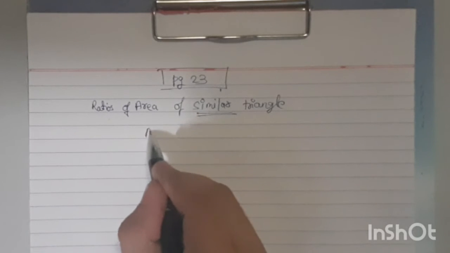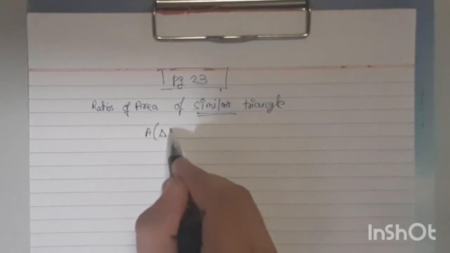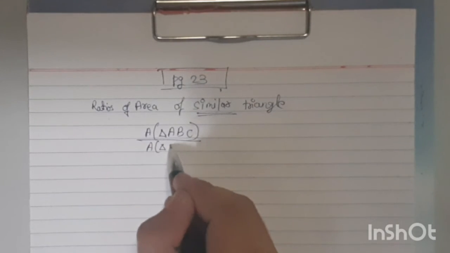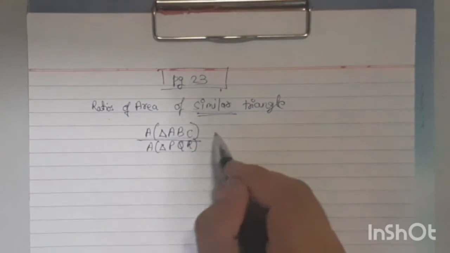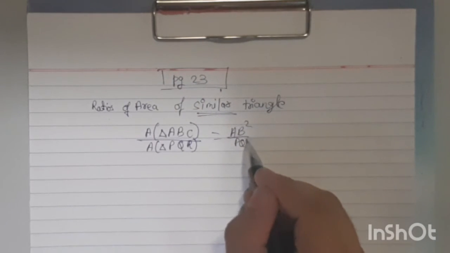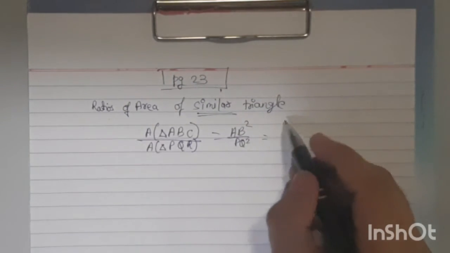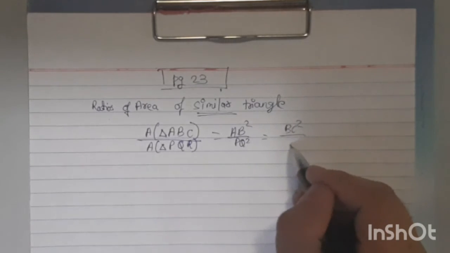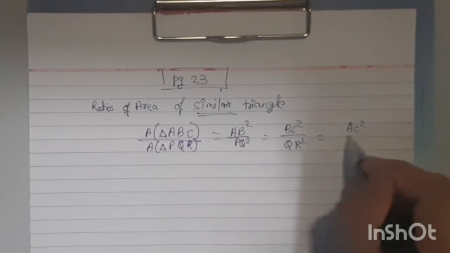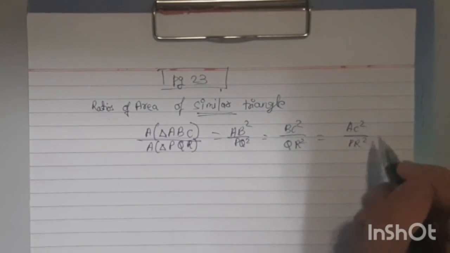That is, area of triangle ABC upon area of triangle PQR is equal to AB square upon PQ square is equal to BC square upon QR square is equal to AC square upon PR square.